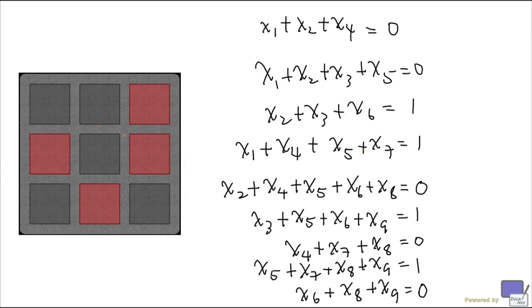And this is just for a 3x3 board. When you play with the original version of Lights Out, you have a 5x5 board, so you end up with 25 equations. So we need to find a way to systematically solve this kind of system, and that's something that we'll study. But in the meantime, can you find a solution to this system?